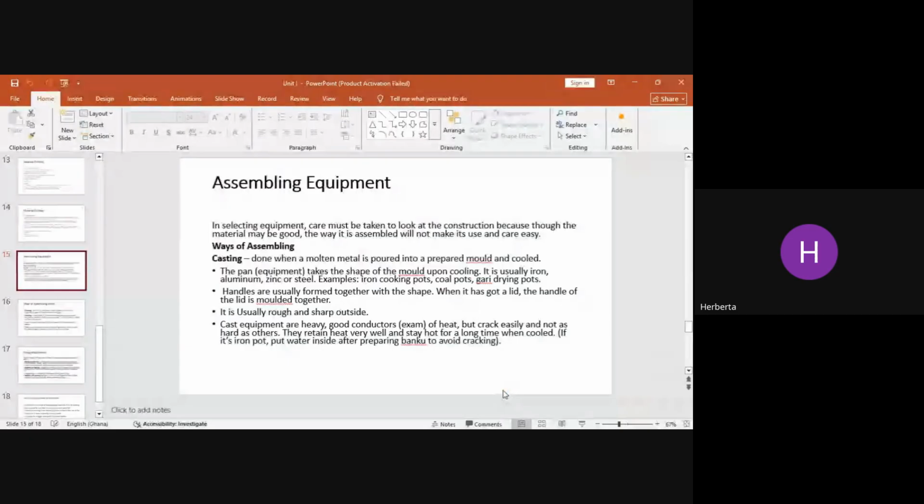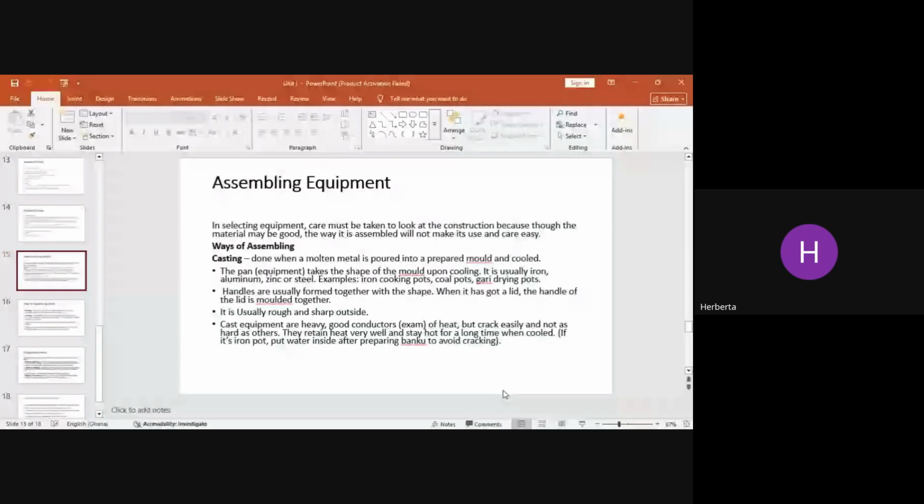It is made together with the handle in a pre-informed shape. They leave it to solidify, and then it is picked up. So examples of these are iron cooking pots, coal pots, or gari drying pots.